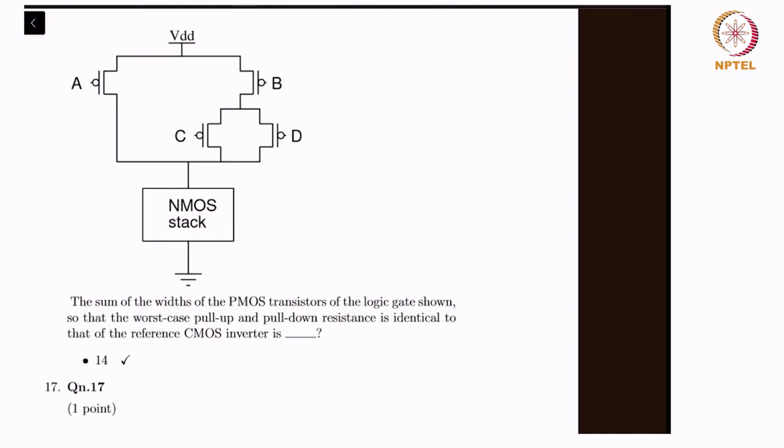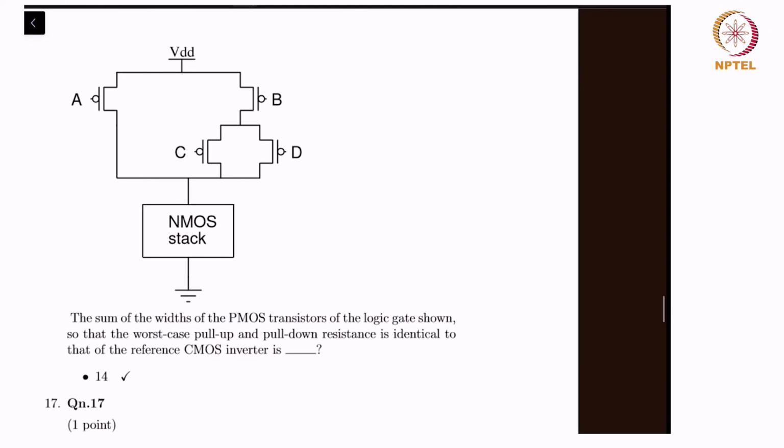In question 16, the sum of the widths of the PMOS transistors so that the worst case pull up and pull down resistance is identical to that of the reference CMOS inverter is what, right? So yeah, we just have to dual it and get the N stack properly. So you have A, right? A is in parallel with this, so it will become in series with that.